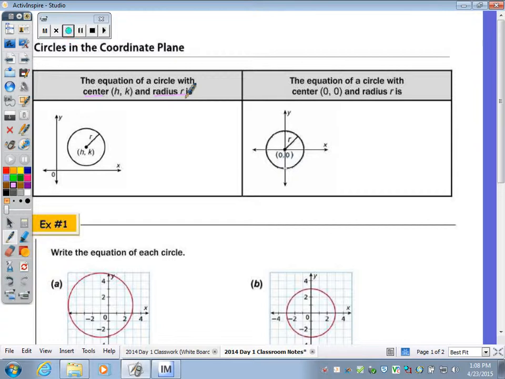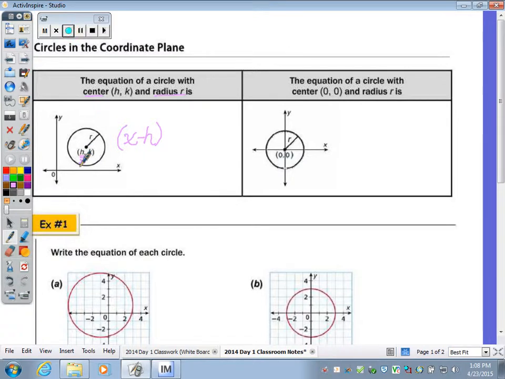And when I show you the equation, if you would like some extra credit, you can show me how to derive the equation of the circle. And I'll give you a hint. Given the center (h, k), you do x minus the h value, that's the x value of the center.